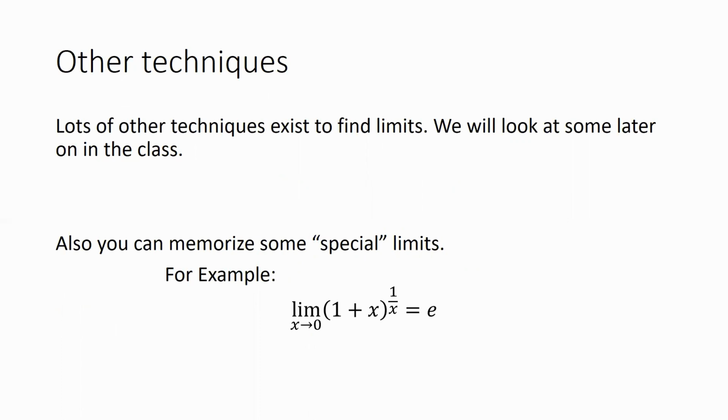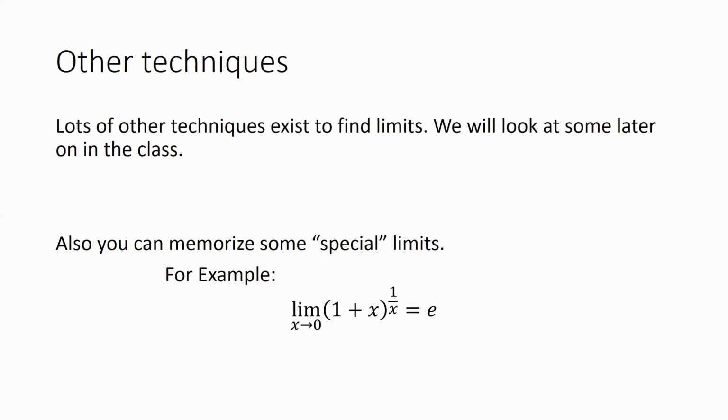There's also the case that people will memorize some special limits. For example, the limit of 1 plus x to the exponent 1 divided by x as x goes to 0 is actually equal to e. So sometimes there's some weird limits that pop up a lot in certain circumstances. This is one of them.